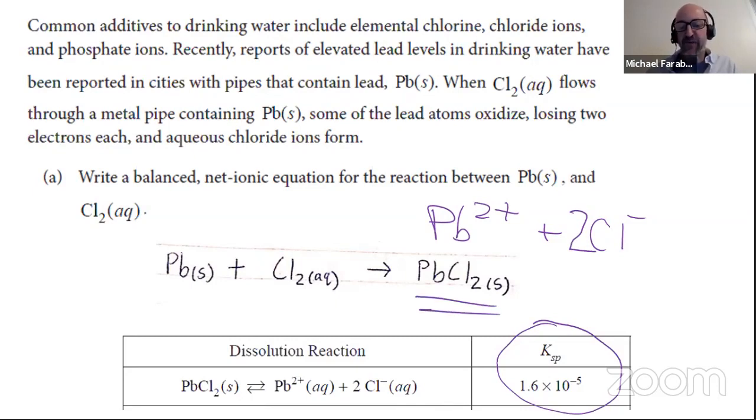So I can't give you a definitive answer on this one. I can tell you that the official scoring guidelines that I have indicated that the product should be the lead ions and the chloride ions, but again, perhaps this would be a discussion that could be had among readers and the leadership, but I'm just going to tell you that I was looking for lead ions and chloride ions in my scoring guidelines on this one.